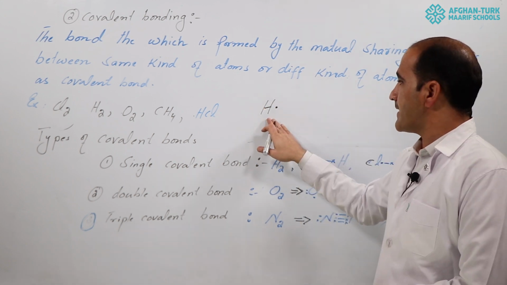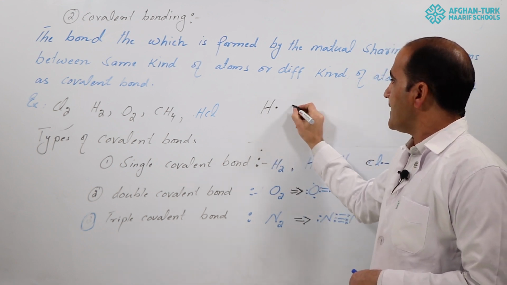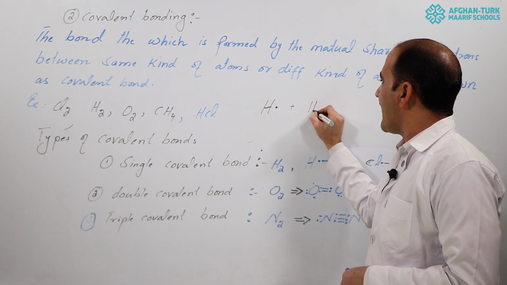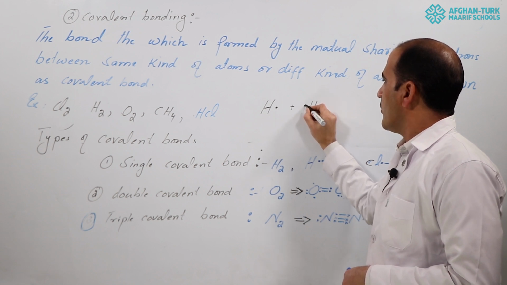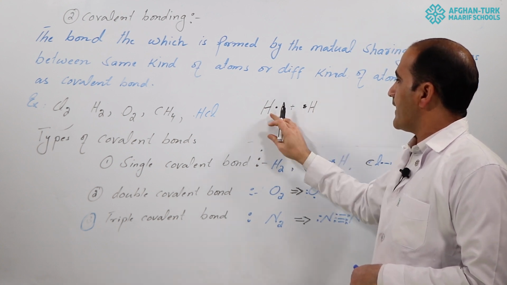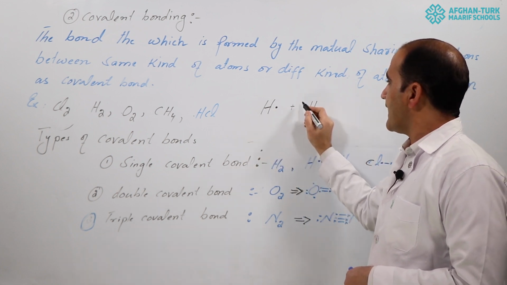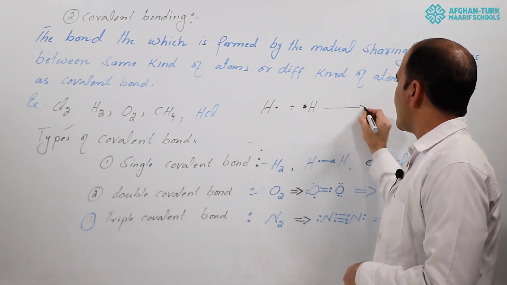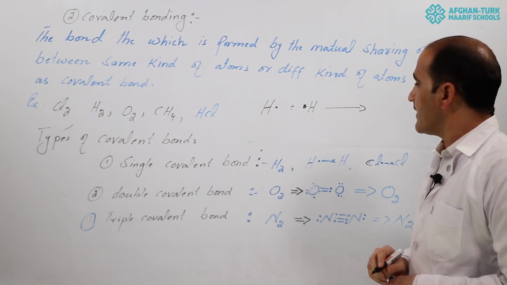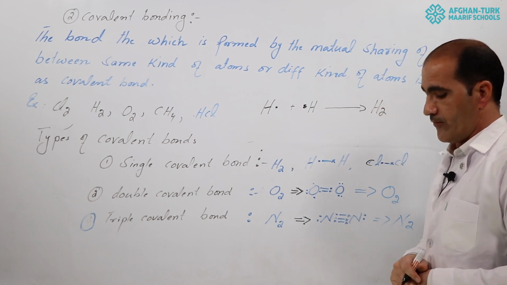So this atom is trying to find another atom for itself. Here is another hydrogen atom, and you can also represent its electron by a cross. Both atoms are unstable right now, so they will share their electrons with each other. When they share their electrons, an H2 molecule will be formed.